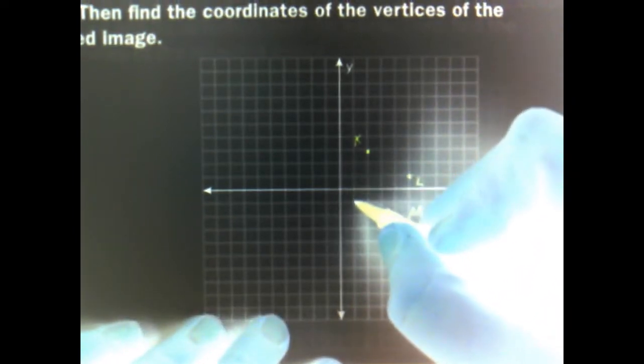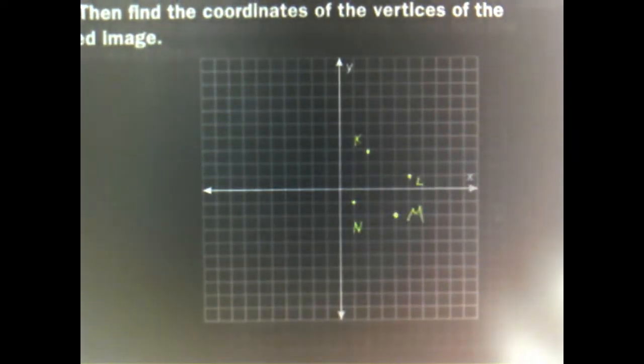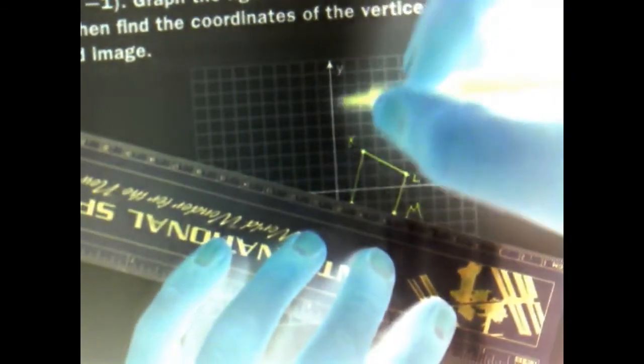And N is 1, -1. So we connect the dots here, and we see we have a quadrilateral, which is the fancy name for a four-sided figure.